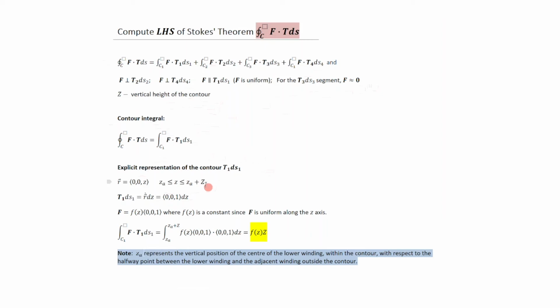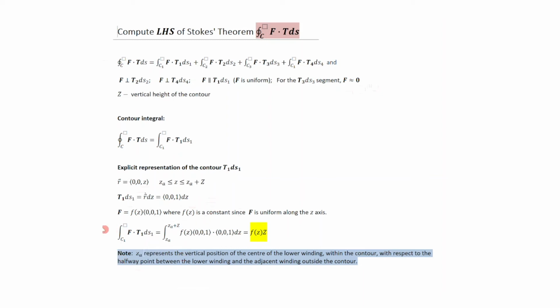So the final position would be halfway between two of the filamentary conductors. If we want ds, then we have to take basically the derivative of this with respect to z. ds becomes 0, 0, 1 dz. So this is the tangent vector representing the contour segment that's inside the helix pointing in a vertical direction.